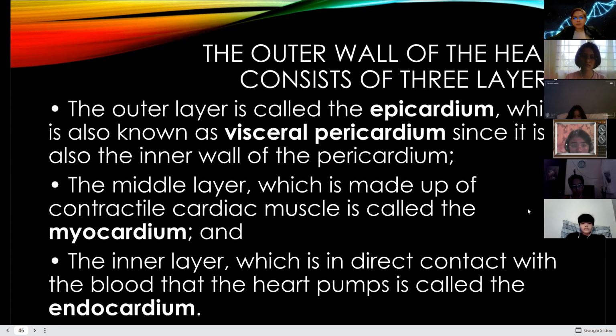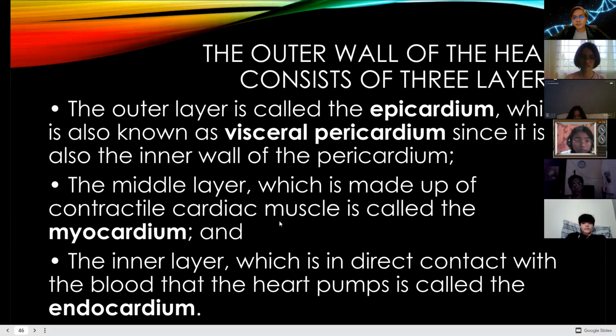The outer wall of the heart consists of 3 layers. The outer layer is called epicardium, which is known as the visceral pericardium, since it is also the inner wall of the pericardium. The middle layer is made up of contractile cardiac muscle called the myocardium.